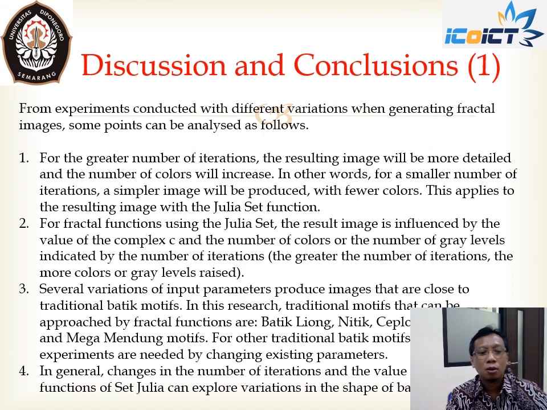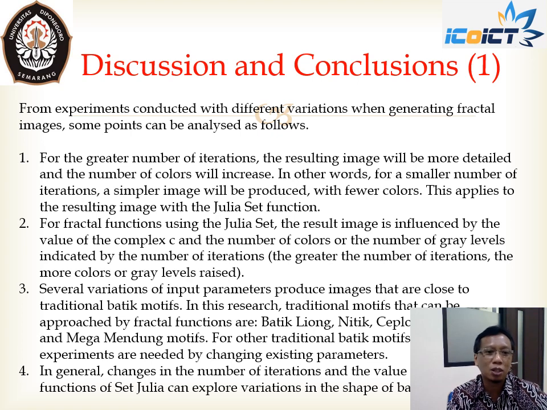Okay, for discussion and conclusion. From the experiment conducted with different variations when generating fractal images, some points can be analyzed as follows. For a greater number of iterations, the resulting image will be more detailed and the number of colors will increase. In other words, for a smaller number of iterations, a simpler image will be produced with fewer colors.